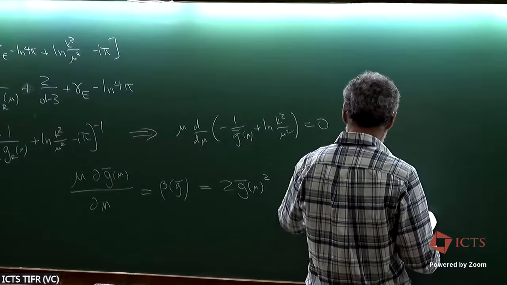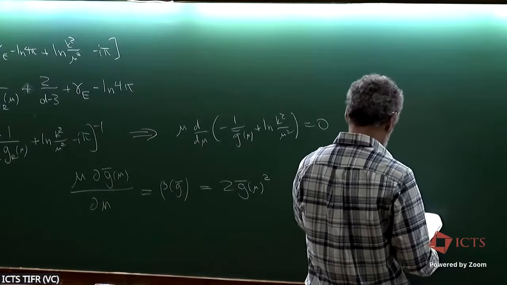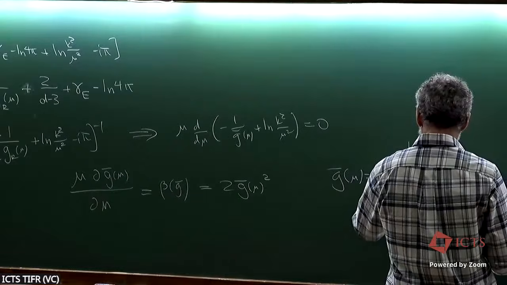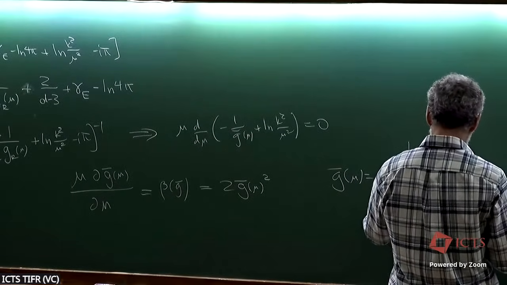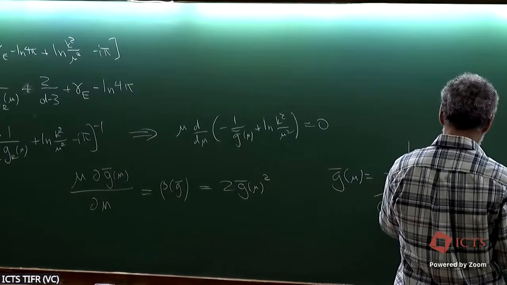Therefore, you can write G bar of mu. You can solve this differential equation. It has to equal 1 over some G naught evaluated at a scale mu naught.